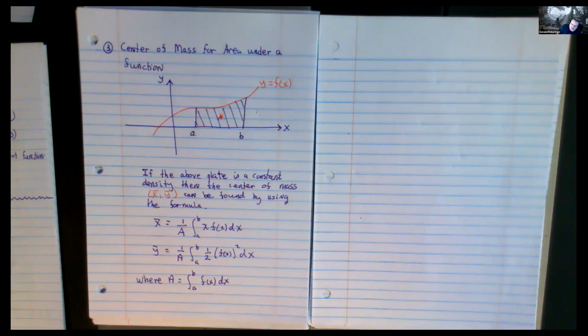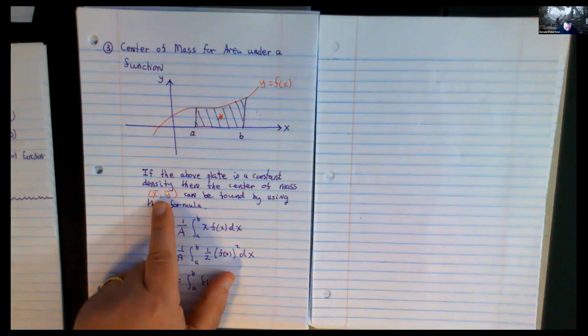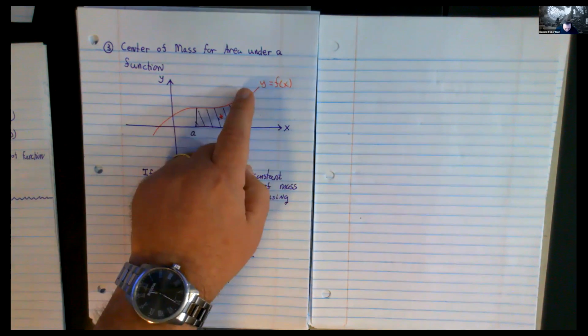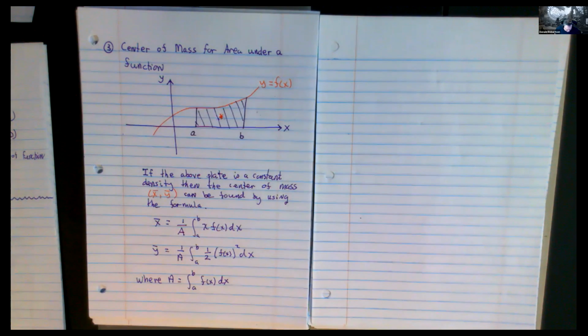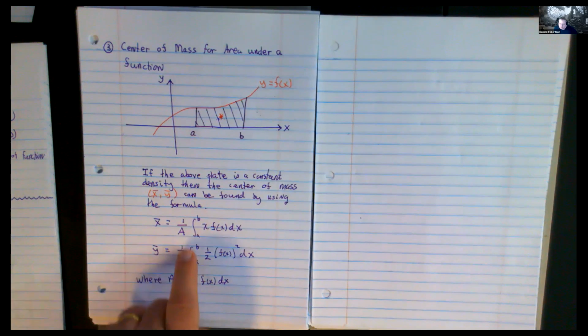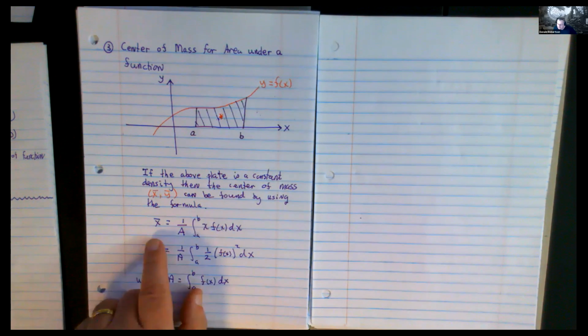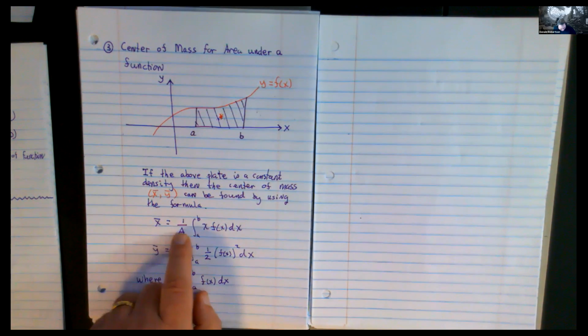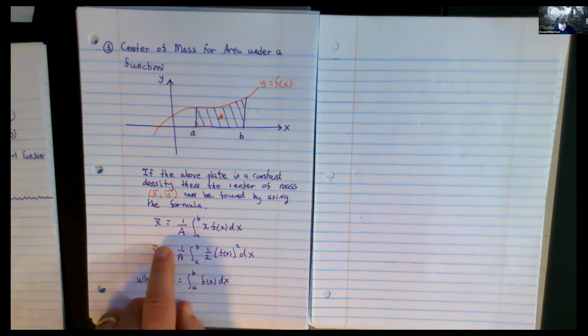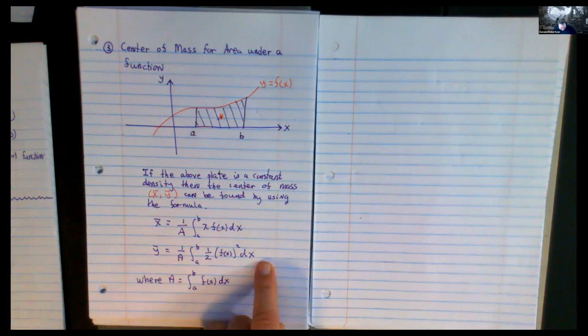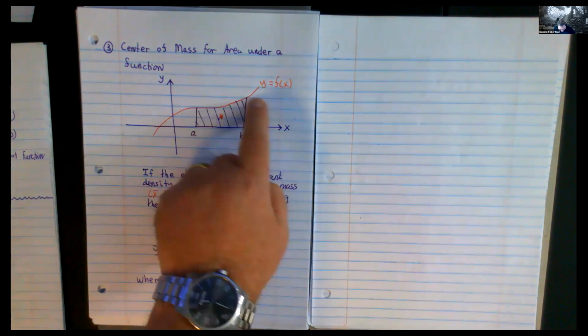But is there a way to actually find the center of mass when your shape is described as the area under a curve? And the answer is yes. And here are your 2 plug and chug formulas. The x coordinate of the center of mass is 1 over a, this integral. The y coordinate is 1 over a, this integral. And a is just the area under the curve.